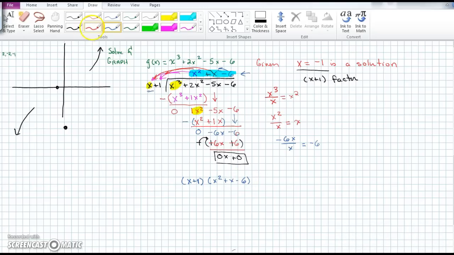To continue the problem further, I would factor this and get x plus 3, x minus 2, and my original factor of x plus 1, meaning I have zeros at negative 1, negative 3, and 2.